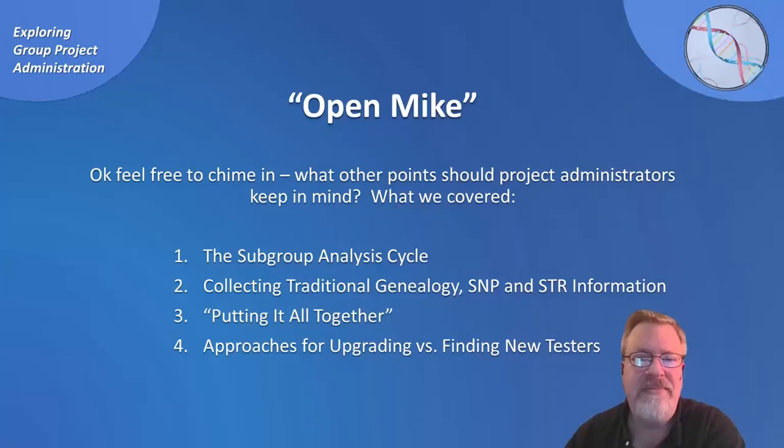I would say that the new group time tree might be a tool that new admins could rely on to do their subgrouping. It just seems like a nice, simple way to split things up. Of course, it depends a lot on who's done Big Y testing and does not take into account the STR-only testers.